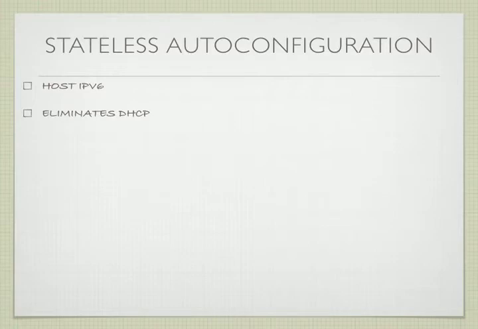Because stateless auto configuration is built into the host protocol of IPv6, it eliminates the necessity to have DHCP configured. Every host can be either statically addressed or statelessly auto configure themselves with the IPv6 capable routers wherever they come up.